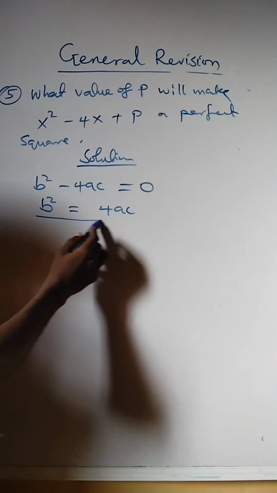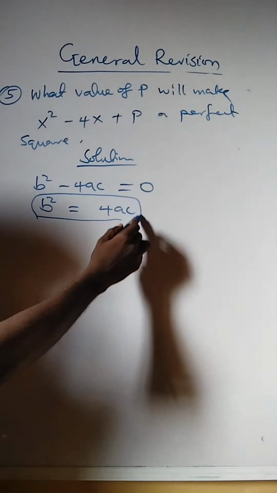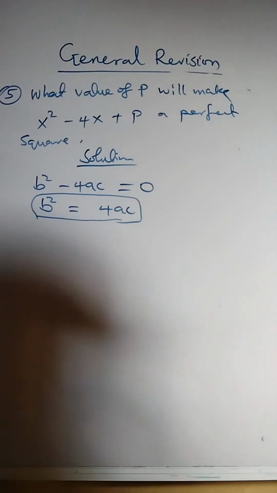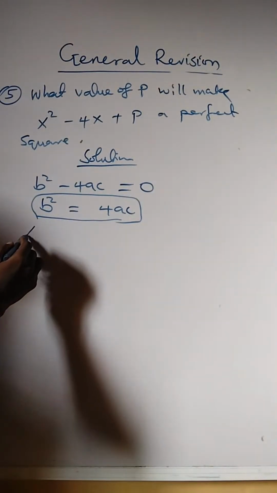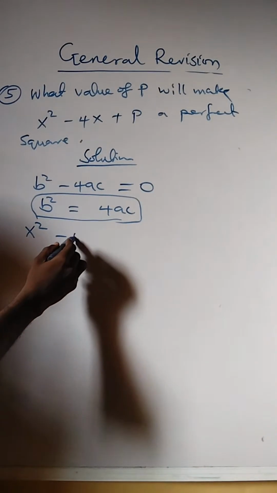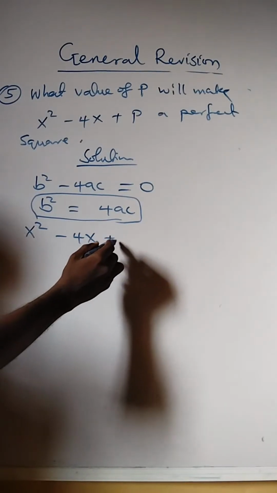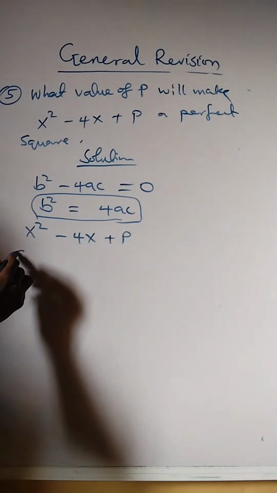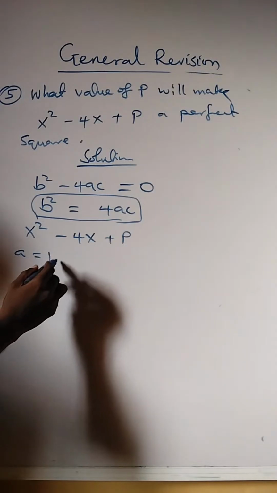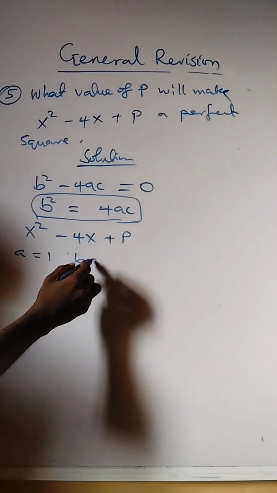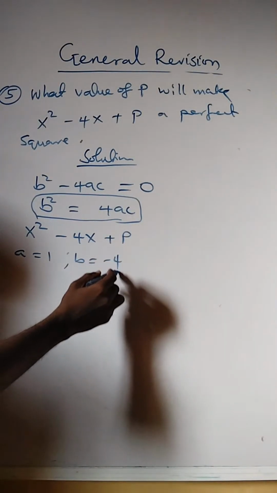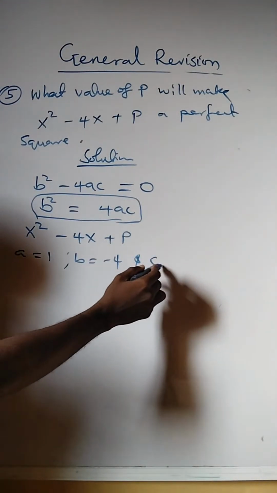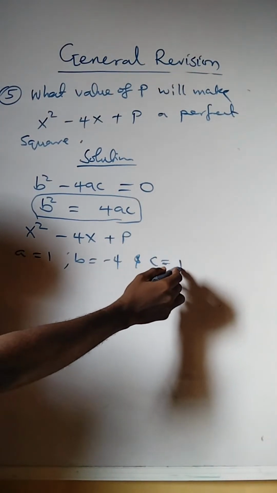This is the condition for a perfect square. From x squared minus 4x plus p, a is the coefficient of x squared, which is 1. b is the coefficient of x, which is minus 4. And c is the constant, which is p.